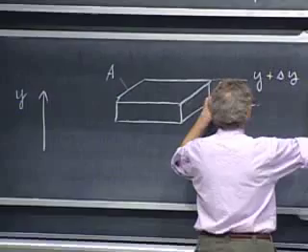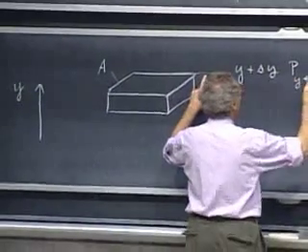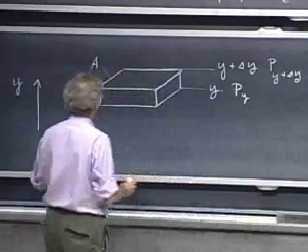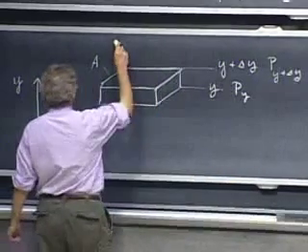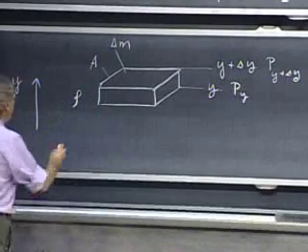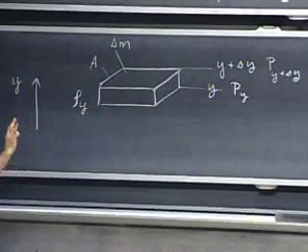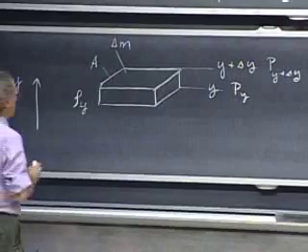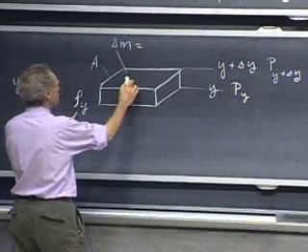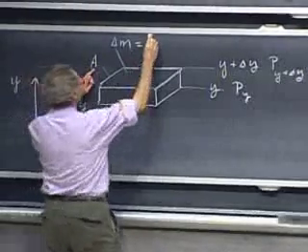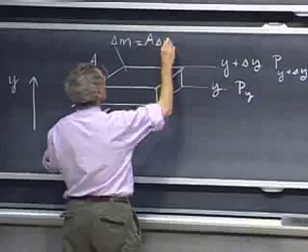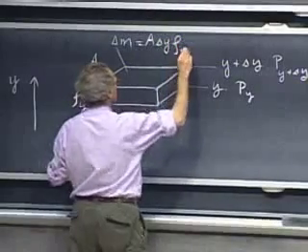And the pressure here is p of y plus delta y, and the pressure here is p of y. And this object has a mass delta m, and the liquid has a density rho, which could be a function of y. We will leave that open for now. And so the mass that I have here is the volume times the density. And the volume is the area A times delta y, and then times the density, which may be a function of y.